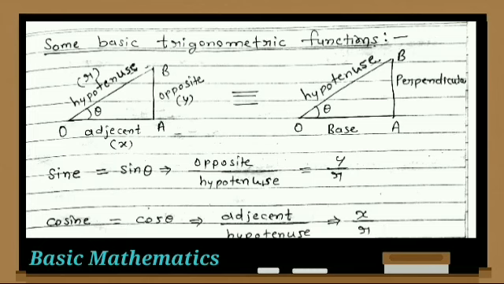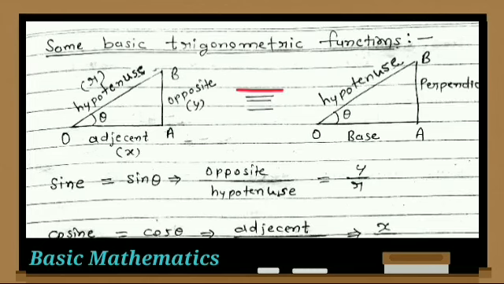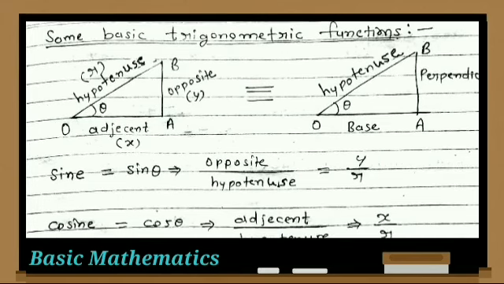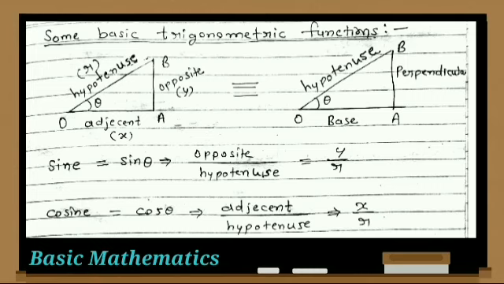We have to analyze trigonometric functions. There are 6 basic trigonometric functions, but before we discuss them we have to analyze the triangle that is given here. Two triangles are given.